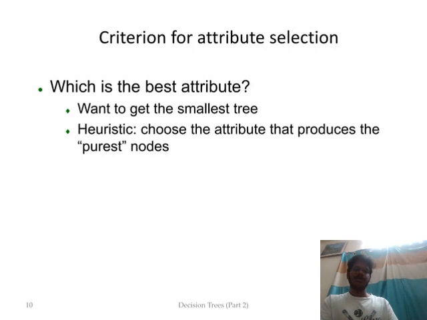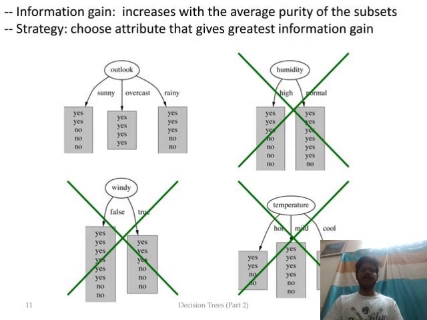By using this criterion, we are going to select the attributes. And information gain increases with the average purity of the subsets. The strategy is to choose the attribute that gives the greatest information gain. By using this criterion, we have chosen outlook, which contains more information.